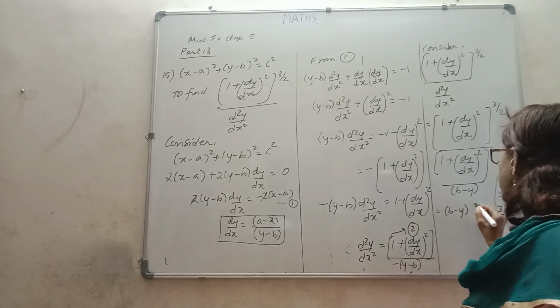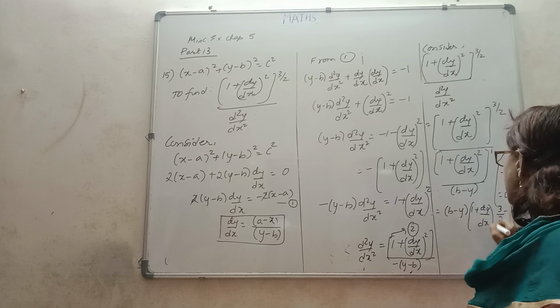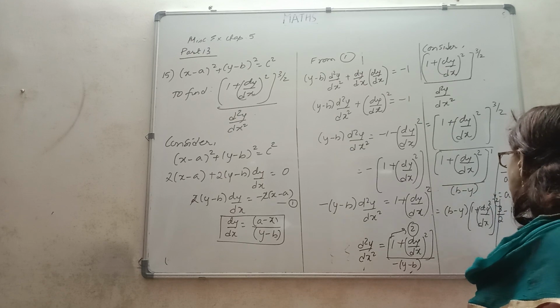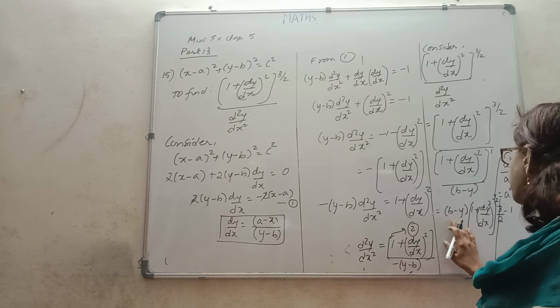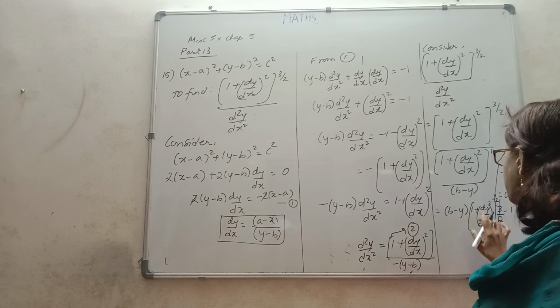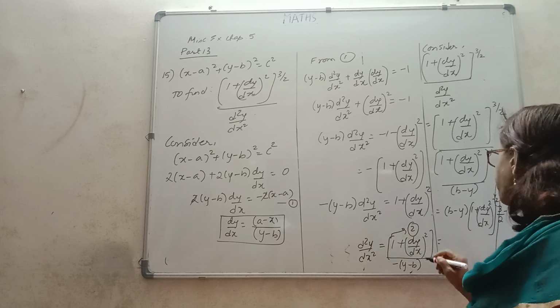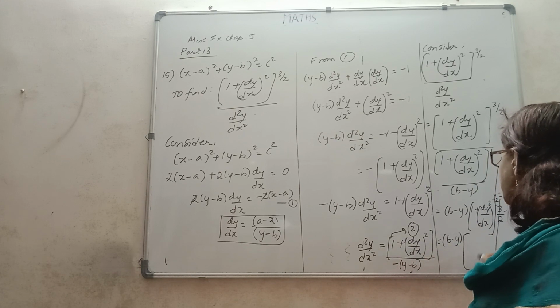So this will become 1 plus dy by dx whole squared raised to half. So you're getting this expression as b minus y into 1 plus dy by dx the whole squared raised to half.